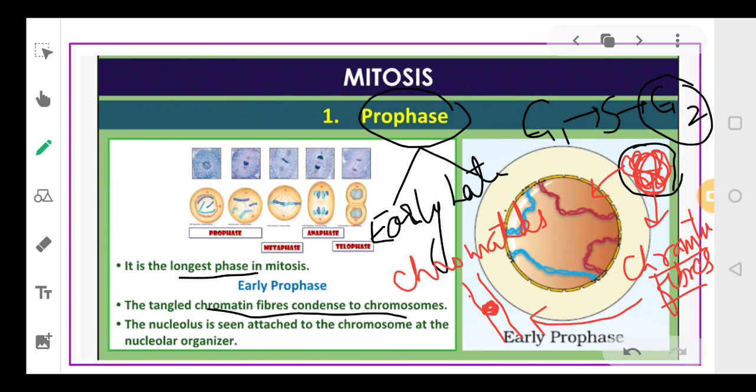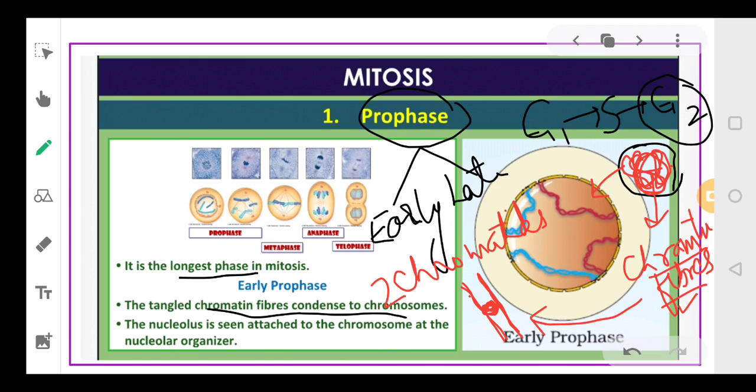Chromatids. So in the early prophase, the cell contains thread-like structures. Those thread-like structures are called chromatin fibers. Then these chromatin fibers will condense themselves to form the chromosomes. And one chromosome consists of two chromatids.